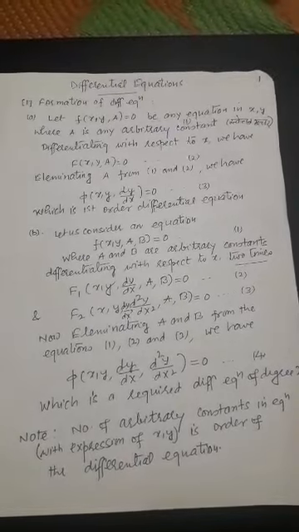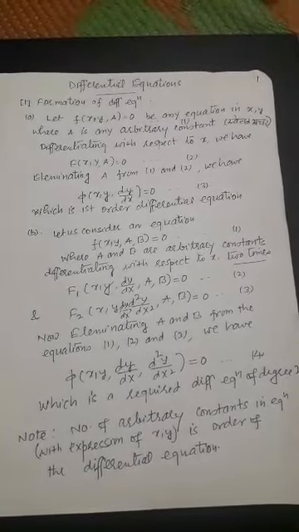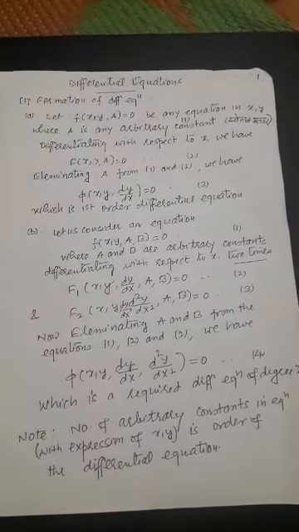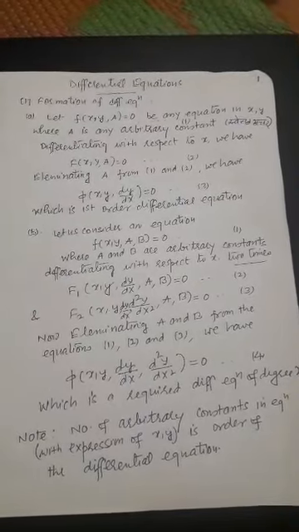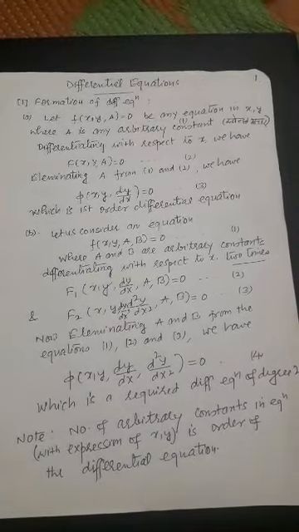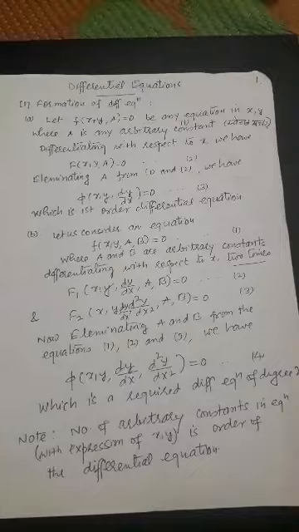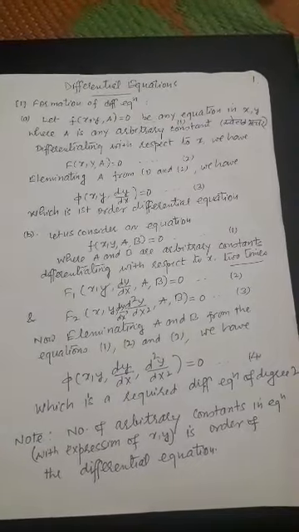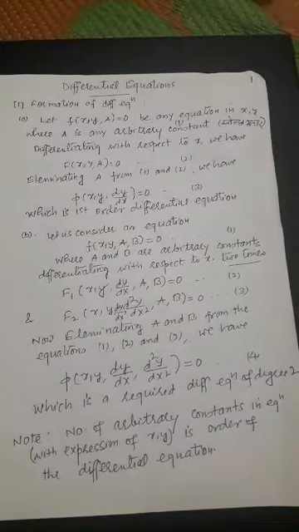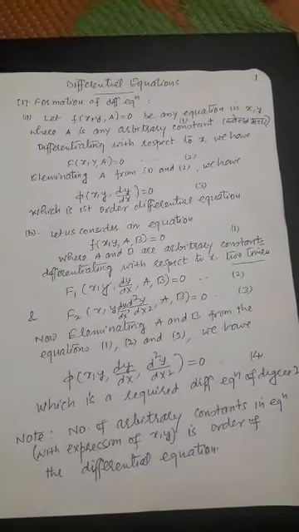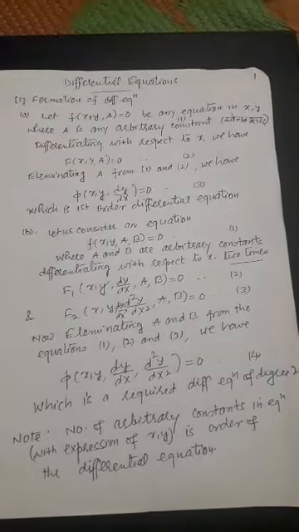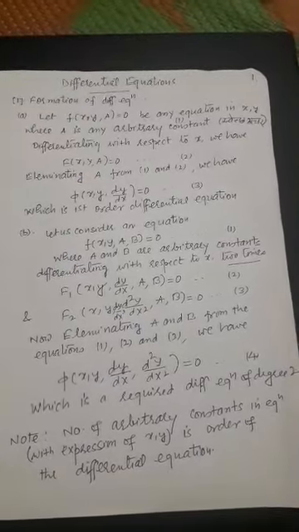So we have a relation like capital function F of x, y, a equal to 0. We have a new function. From the first and second equations, we eliminate the arbitrary constant a.